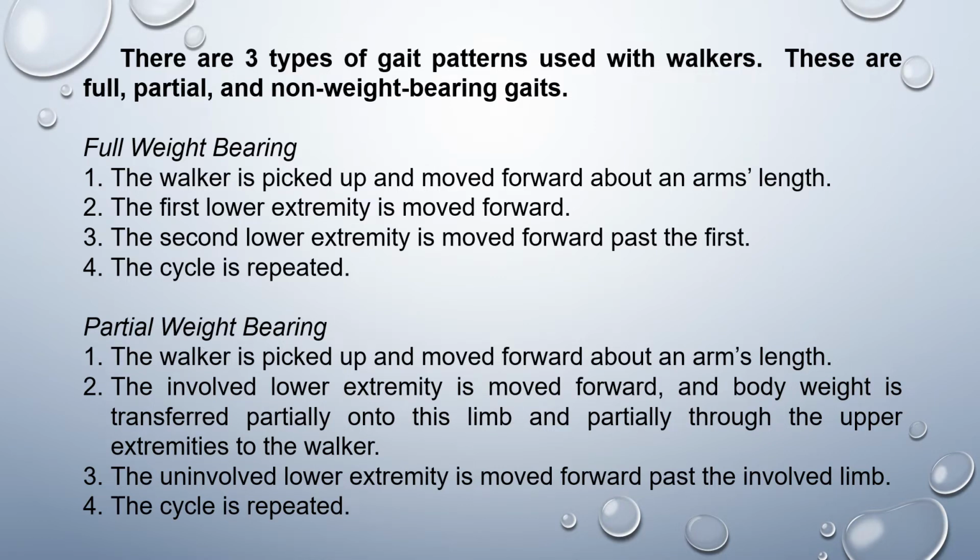The walker is picked up and moved forward about an arm's length, and the involved lower extremity, your affected leg, is moved forward, and body weight is transferred partially onto the sound limb and partially through the upper extremity to the walker. The involved lower extremity is moved forward past the uninvolved limb. The cycle is then repeated.